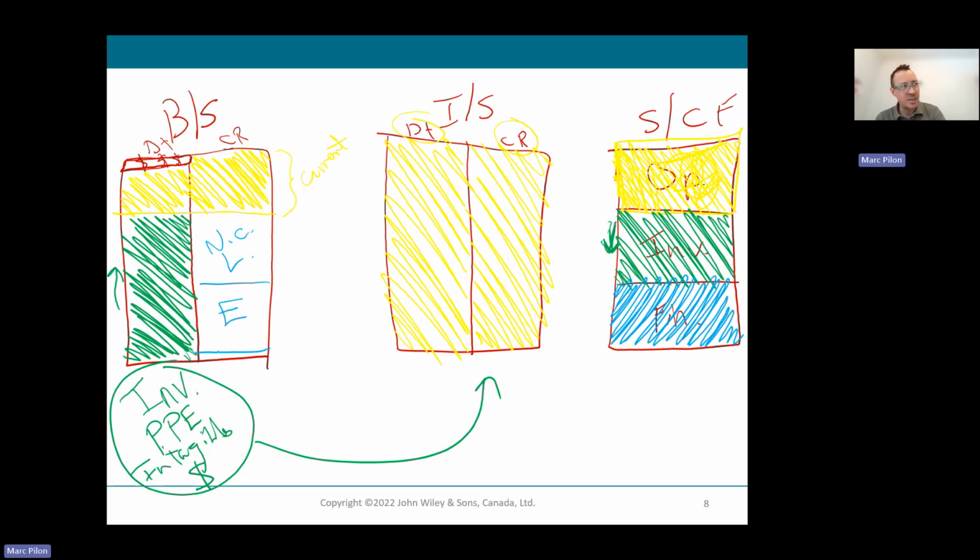The retained earnings portion, okay, that would be part of the income statement. So there'd be a little bit of yellow here, but that is through the net income. And dividends, we'll get to that in a second. There's actually an option to present dividends either as part of operating activities or financing activities. We'll get to that in a minute.